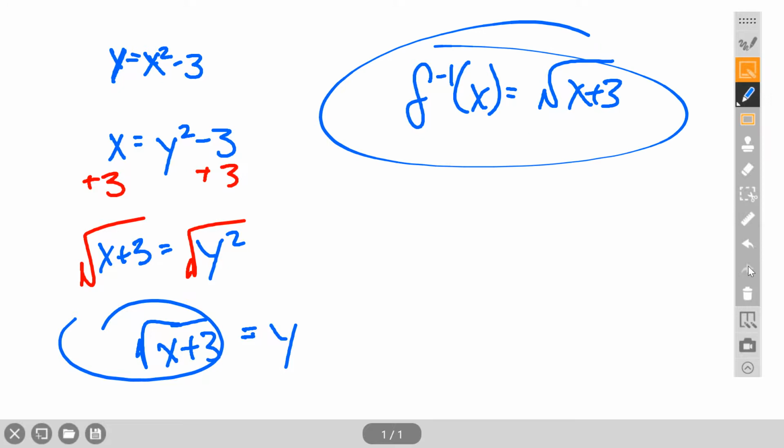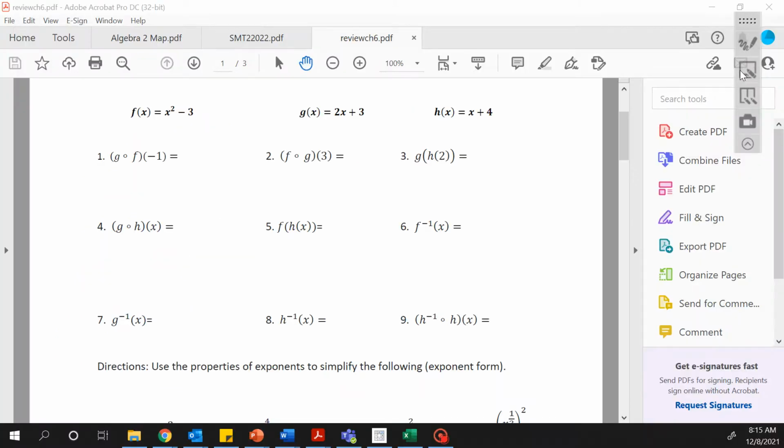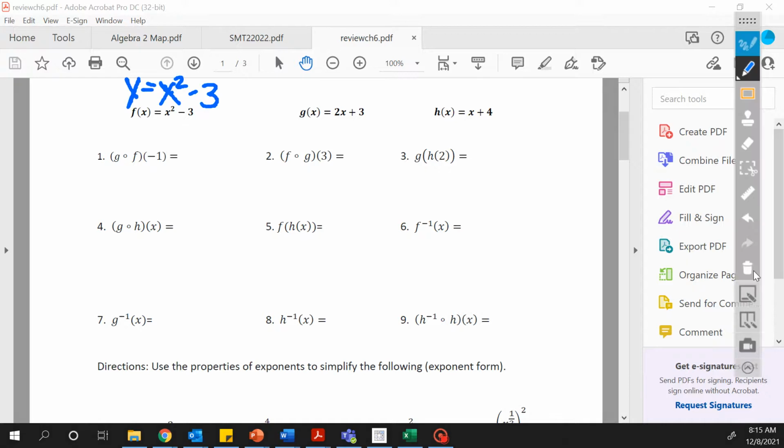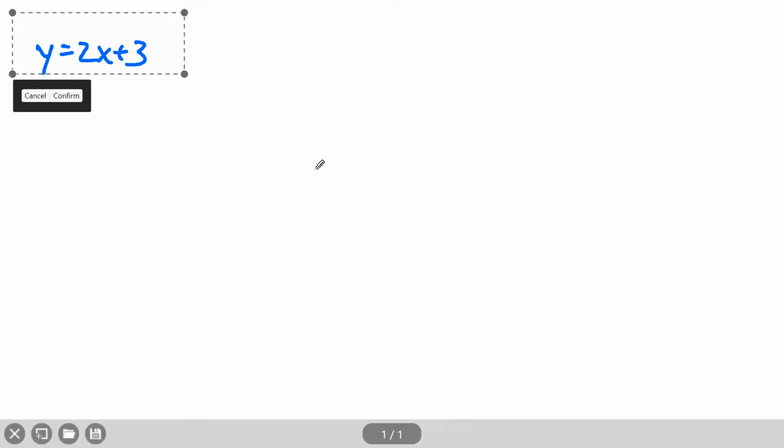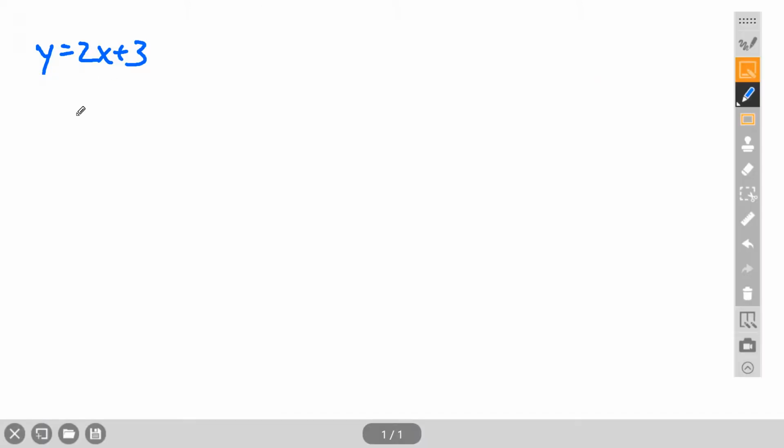This will undo what the original f function does. Number 7, we want the inverse of the g function. So the g function is 2x plus 3. We'll do the same thing. We'll switch the input and the output. So x equals 2y plus 3.